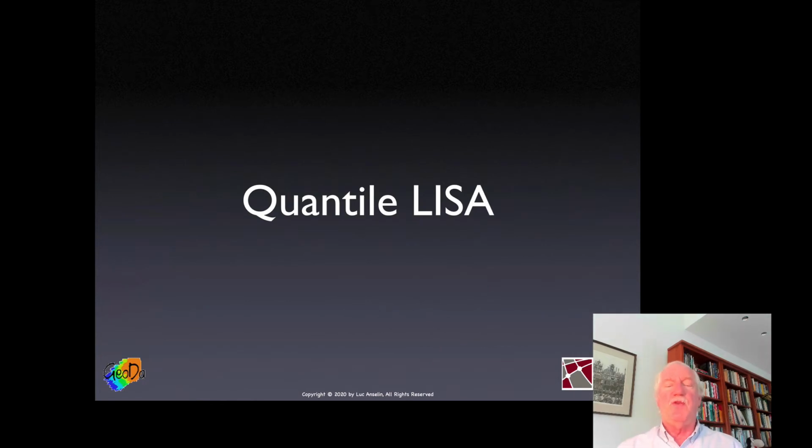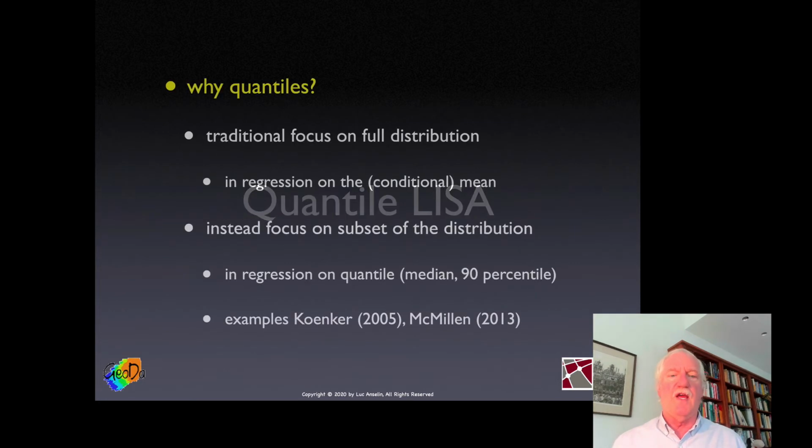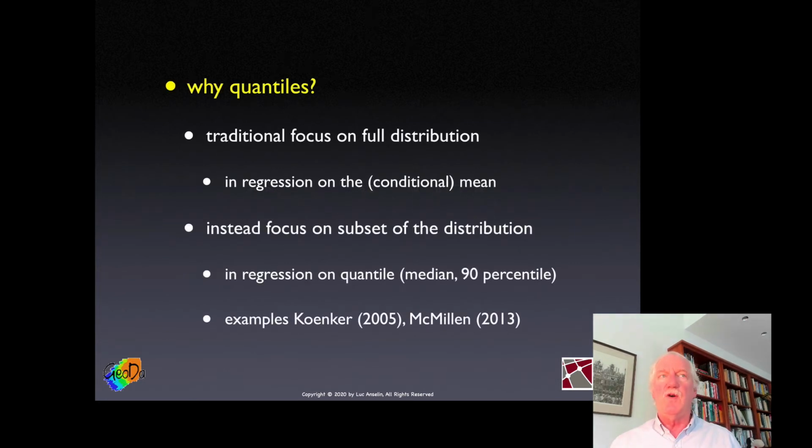So this is the principle to deal with discrete, or to be specific, binary variables of interest. Now, with the Quantile LISA, we use the same idea, but in an indirect way. There's a whole literature in statistics and econometrics on quantile statistics.